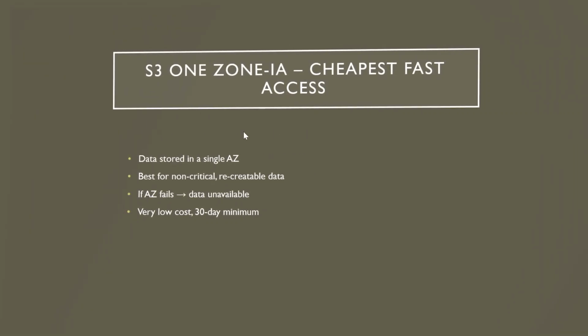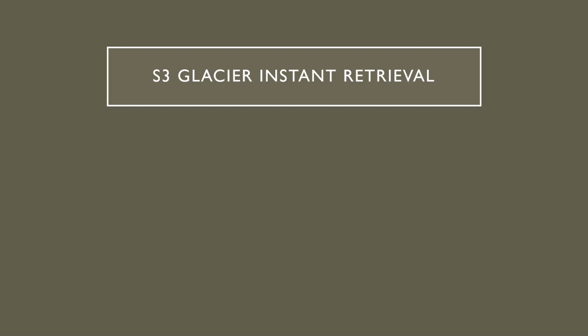Next class we'll see S3 Glacier Instant Retrieval. This is for archival storage that you don't need daily. Note this point. This is the use case where you don't need the file daily, but when you require it, it should be available in milliseconds.